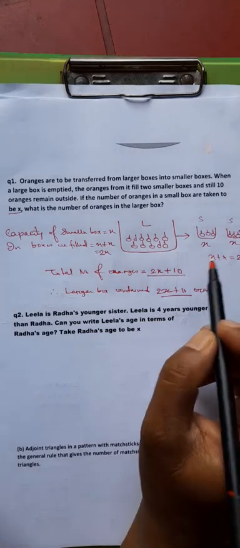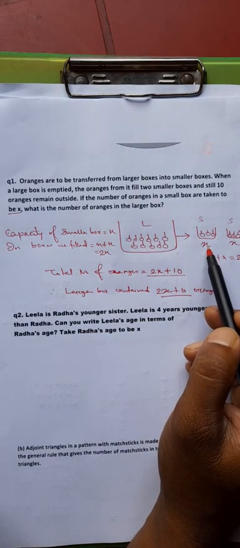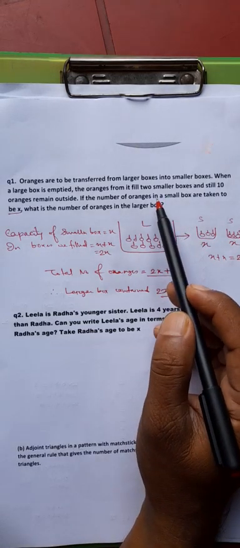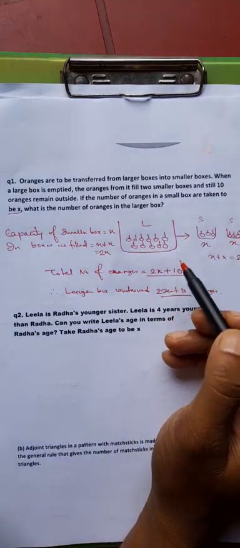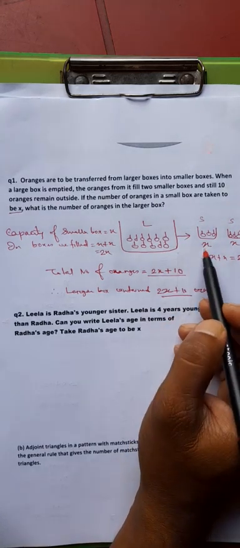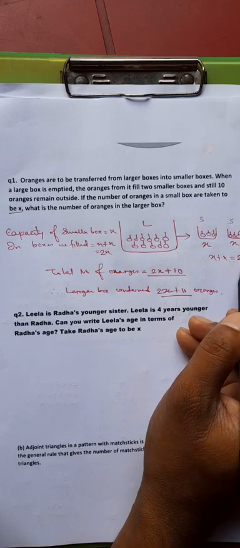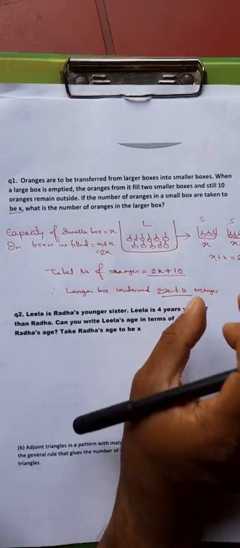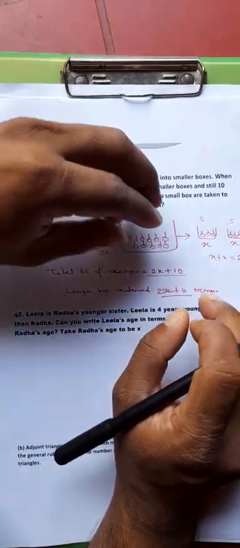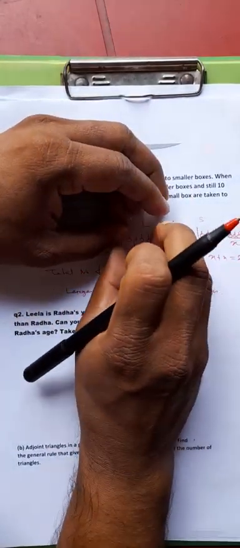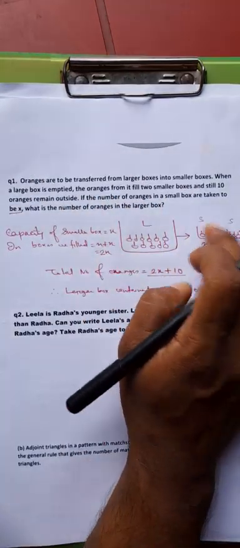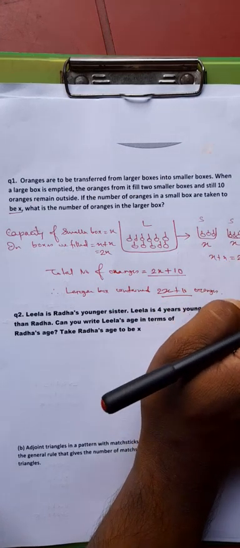What is the number of oranges in the larger box? Twice x plus 10. We find that smaller boxes can hold x number of oranges. Now it says only 2 boxes are filled up, and then 10 oranges remain outside. 2 boxes can hold x plus x, twice x number of oranges. When you emptied the entire box, when you shifted the entire contents, you find that these 2 boxes can hold twice x oranges.